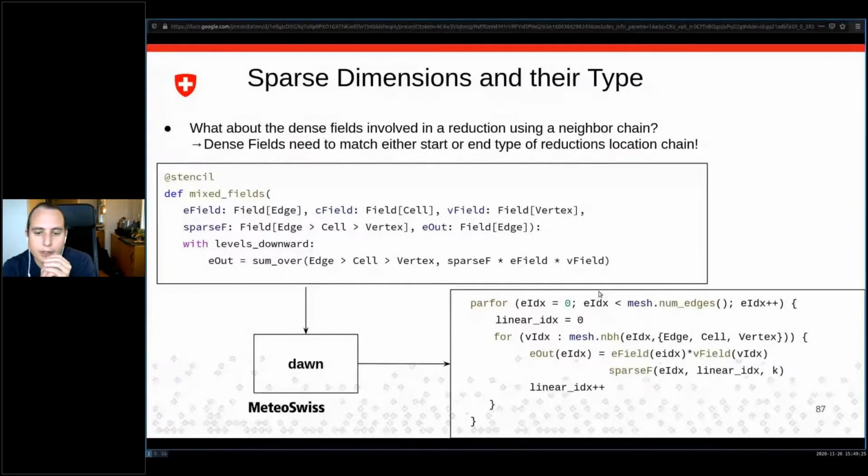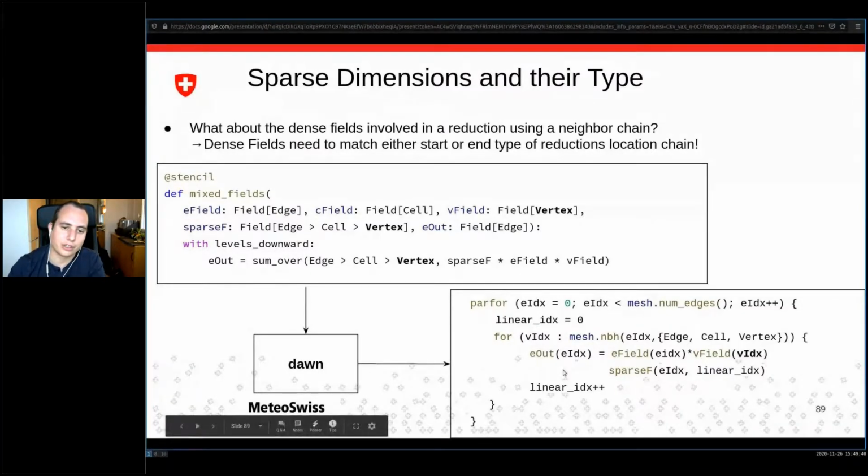And maybe to drive this home, it helps if we look at the generated code again, and maybe it helps if we also highlight the indices again. So we have the edge index, which is spanned by the stage. We have the vertex index, which is the kind of neighbors we are iterating over. And we have the linear index to address the sparse field.